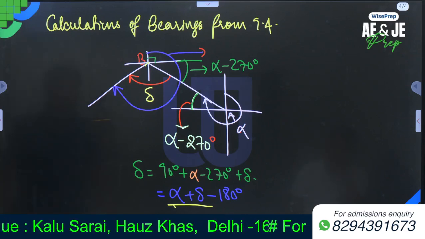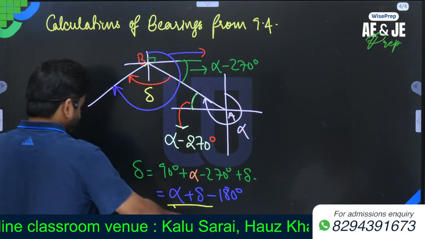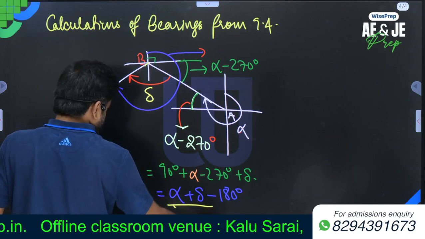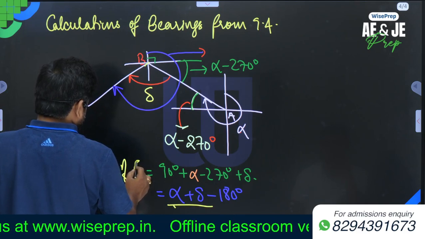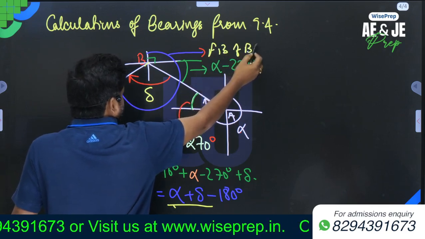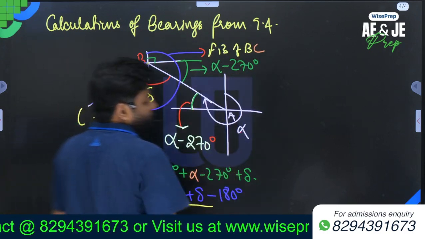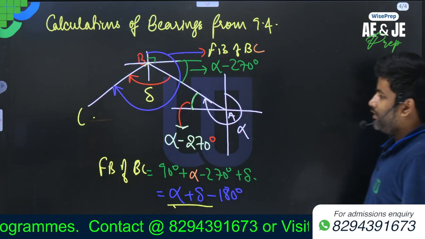This way we can draw the figure and we can calculate the fore bearing of BC. This is what? Fore bearing of BC. We can calculate the fore bearing of BC. All right. So what we are observing?